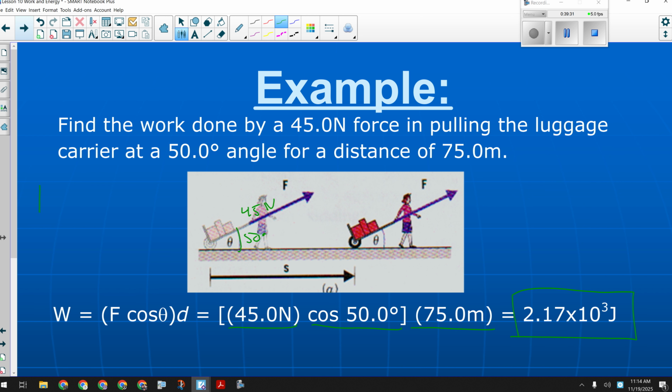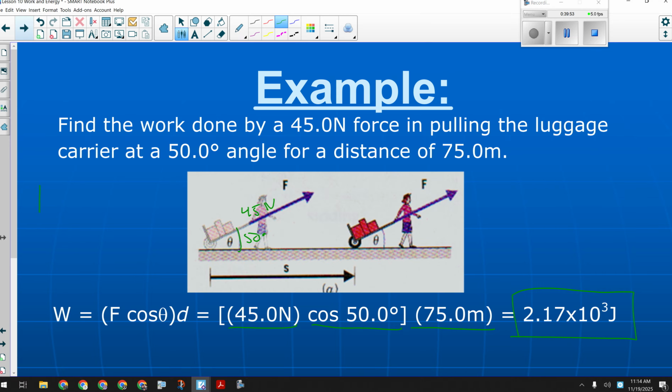What Chase said is probably what's happening in the real world, and that is that it's going to accelerate a little bit, but eventually you're not going to walk much faster than you're walking, and the rest of the energy is going to be lost to the surroundings as heat, sound, things like that. She's still going to do that much work.